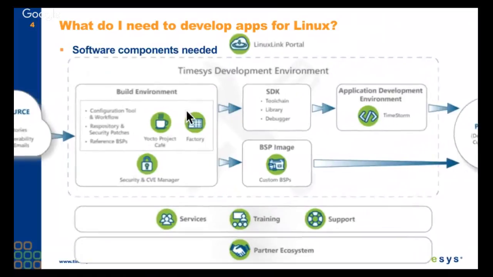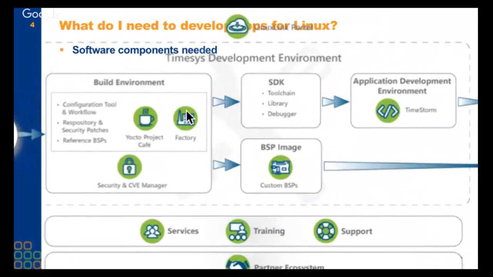What that produces are several pieces which are important to us as application developers today. Piece number one is something called the Software Development Kit. Piece number two, the Board Support Package. And piece number three of tools and software that we're going to use is the IDE itself.